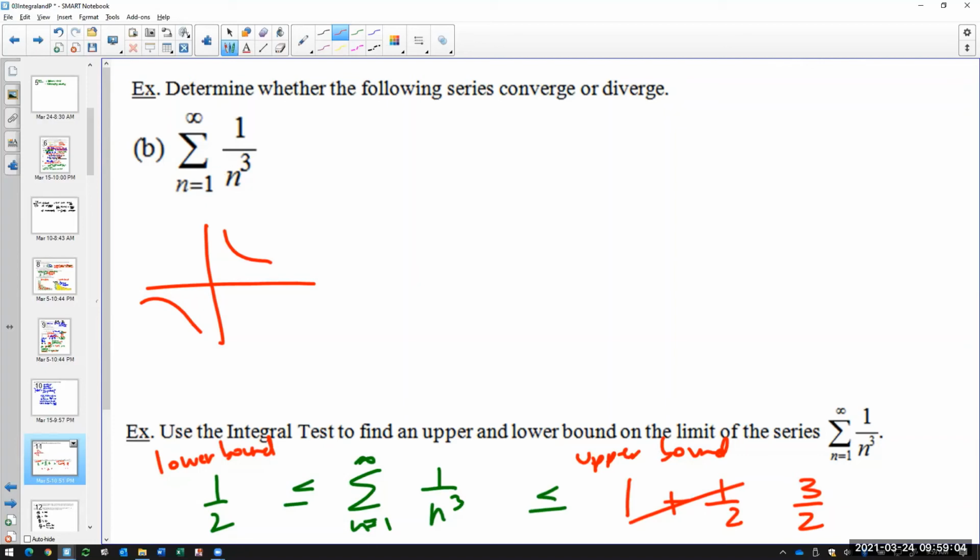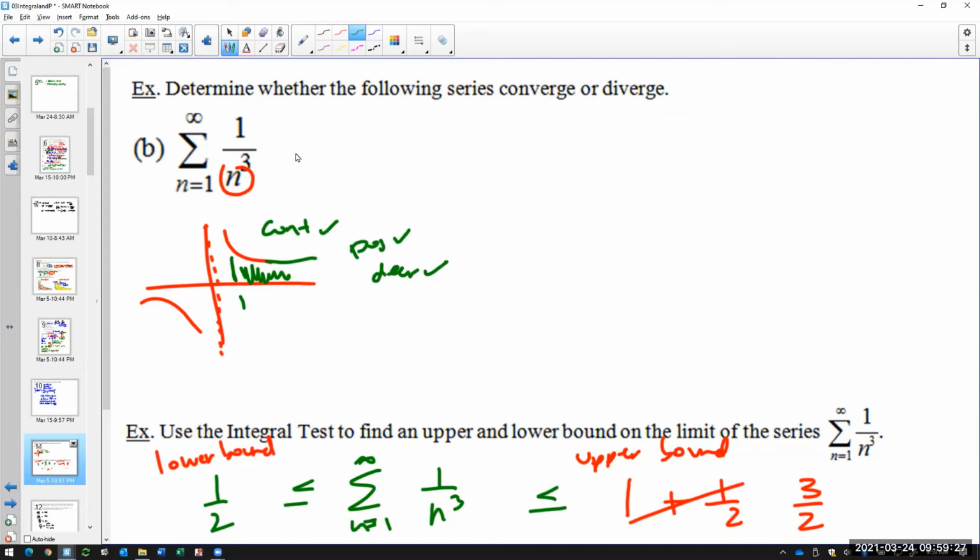My vertical asymptote will be here at 0, and I'm going from 1 to infinity, so that's not a problem because my asymptote is outside of this area. Also, this function is continuous, yes. It's positive, yes. And it is decreasing, check.